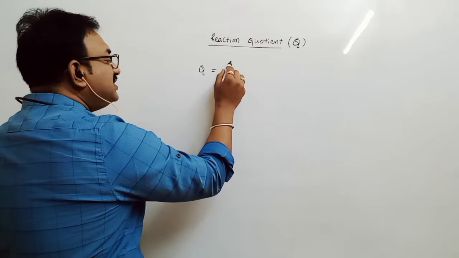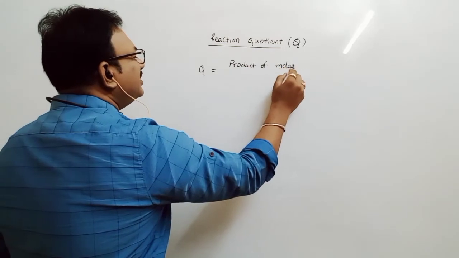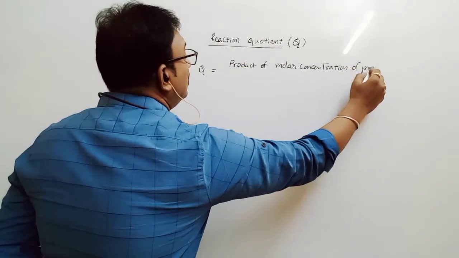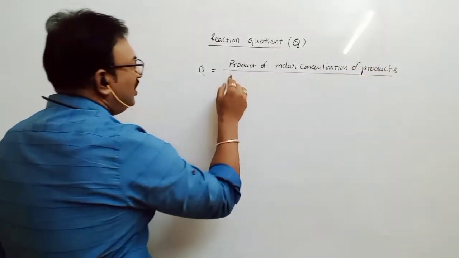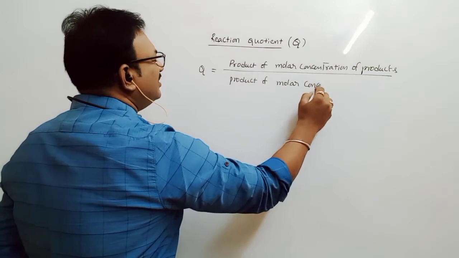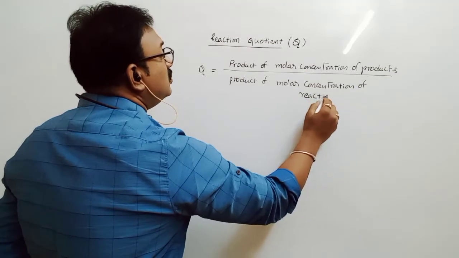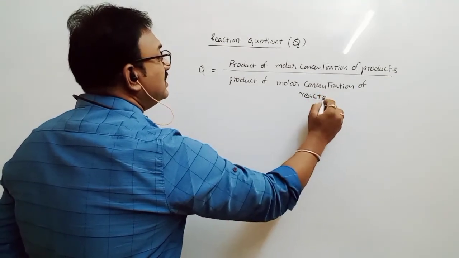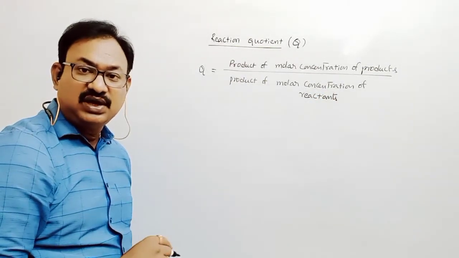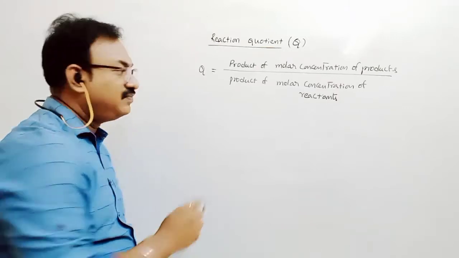Reaction coefficient is always equal to the ratio of product of molar concentration of products divided by product of molar concentration of reactants. Right. So Q is considered to be like this. That's taken as Q.